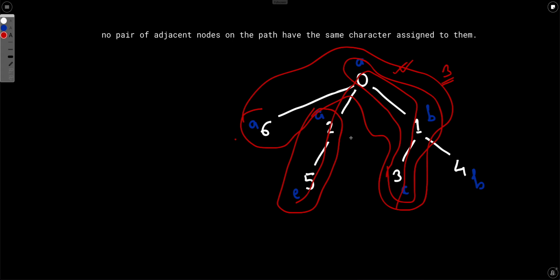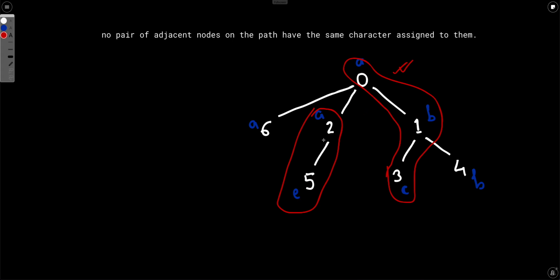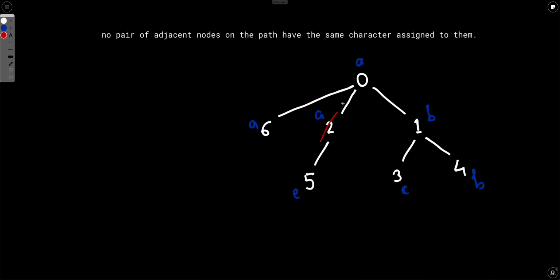So instead of a path, what if I told you to find the longest single straight line? Let's say 0 to 5 is a straight line, 0 to 6 is a straight line. In that case, this one will not come because it is not in a straight line. So basically, instead of solving this problem, let's try to solve the problem with straight lines.